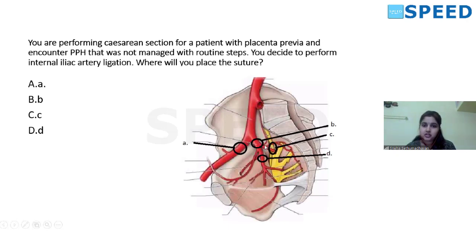You can see that there is a major blood vessel here with lot of branches, quite confusing, and 4 places are marked, and which is the potential site where you will be applying the ligation if you want to do an internal artery ligation. So just a simplified diagram of the blood supply to the pelvis quickly.